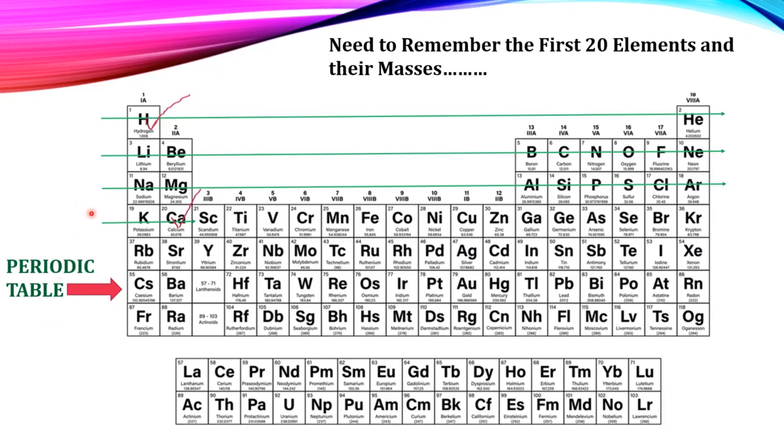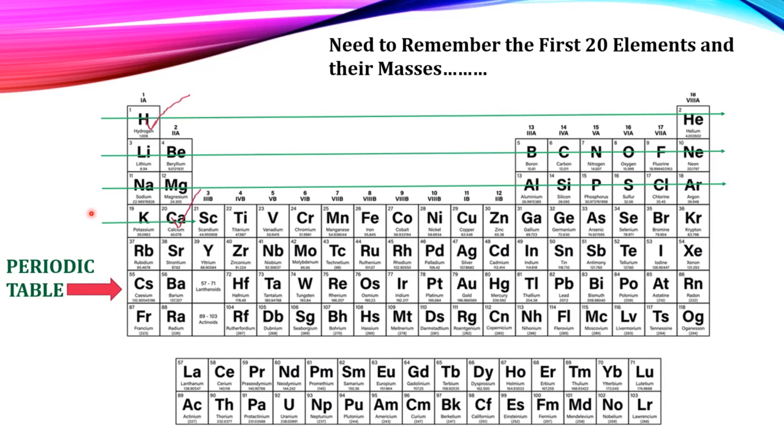Though you don't need to know the details of how we are distributing these elements, or the properties or aspects governing that distribution, because you'll be studying that in detail in a chapter altogether dedicated to it in your class 10th standard. So here it's just an introduction.